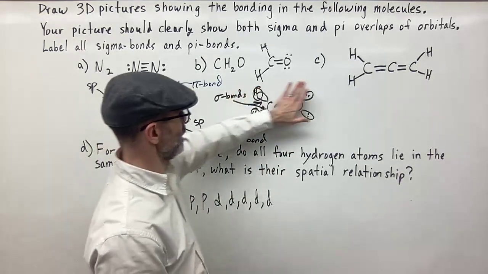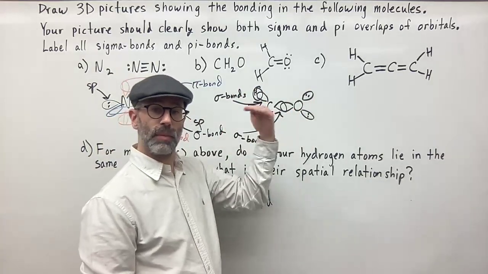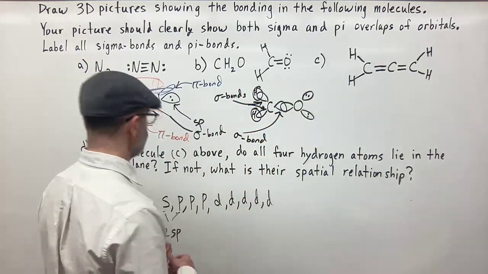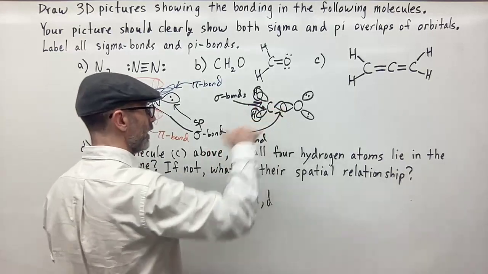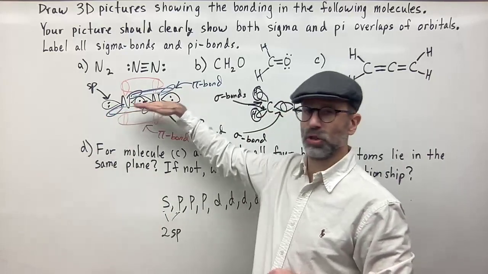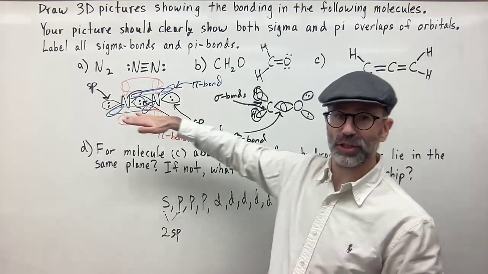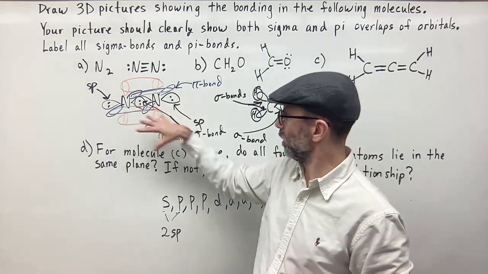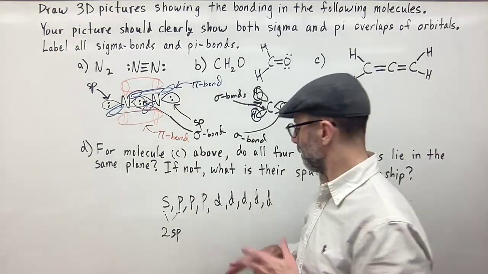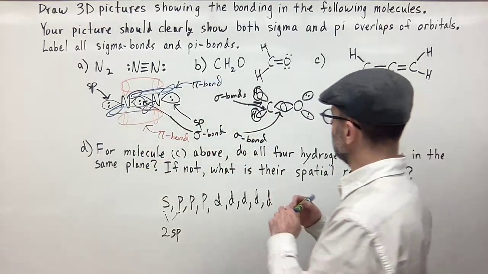So if this is in the board, then that means that the pi bond has to be coming out of the board. So it's going to be perpendicular to the plane, just like the blue one here. So the blue one is supposed to be coming in and out of the board, perpendicular to the board. I tried to draw that in this perspective. But again, I'm not an artist. So I'll try again here.